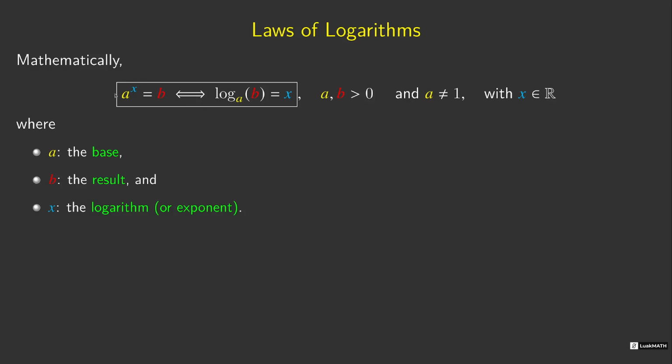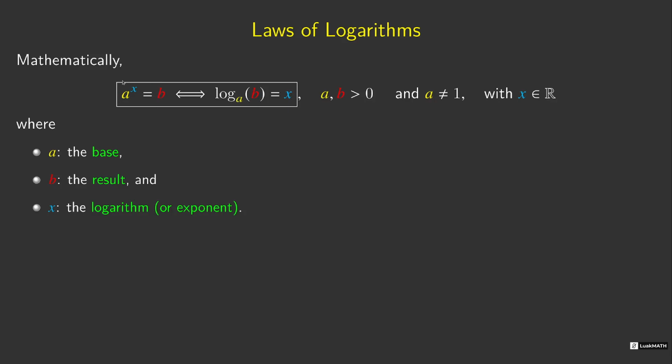If you go back to this equation right here, what the log does is it asks the question, what exponent of a produces b? I'll say that again. What exponent of a produces b? It turns out it's x.